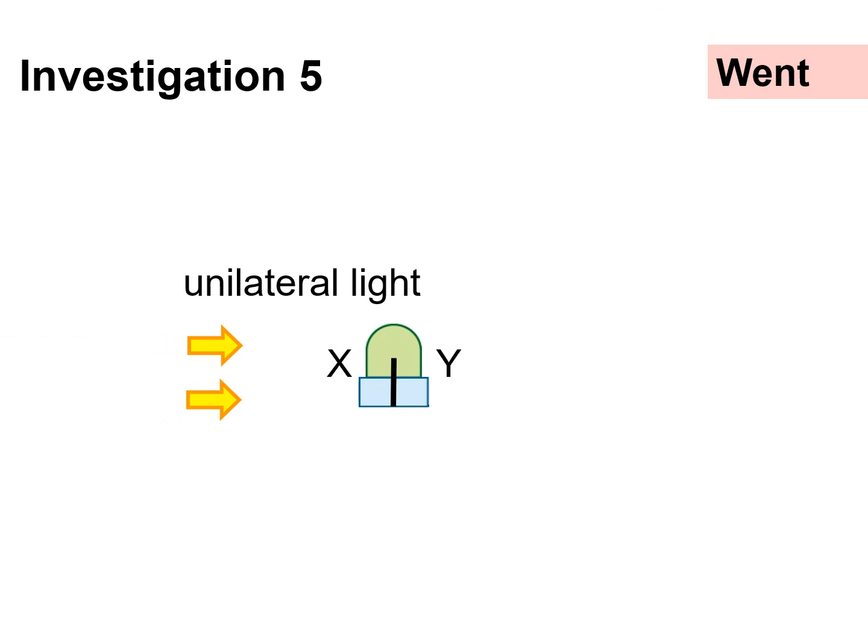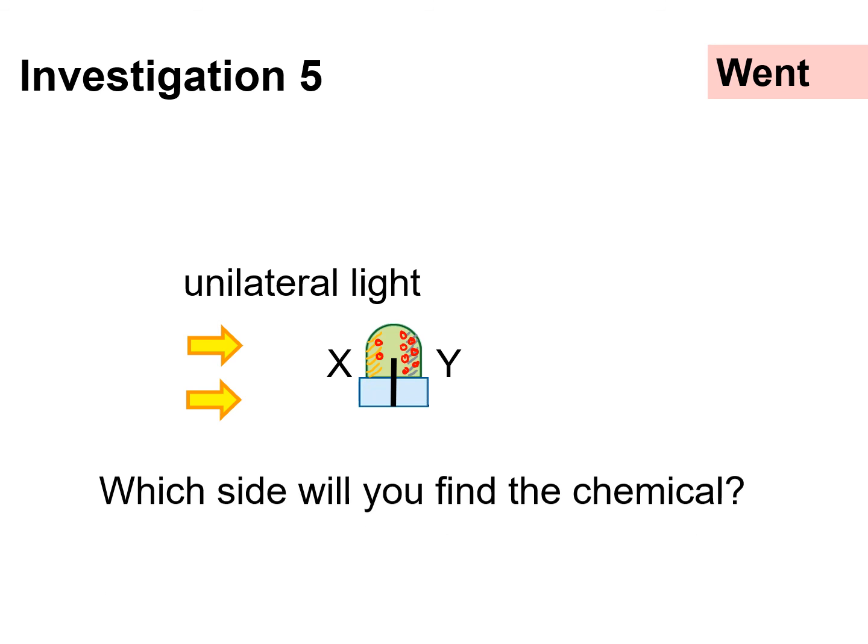Under the action of unilateral light, we should know that on the shaded side, there should be more chemicals, while on the bright side, there should be less chemicals. Using such idea, when the chemicals start to diffuse down, on side Y, the agar should contain more chemicals, while on side X, the agar should have less chemicals.